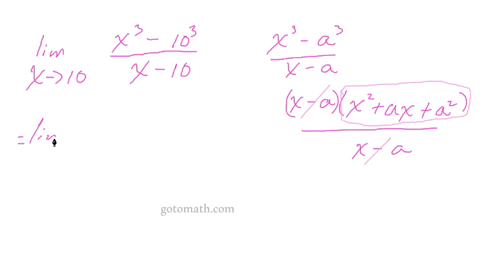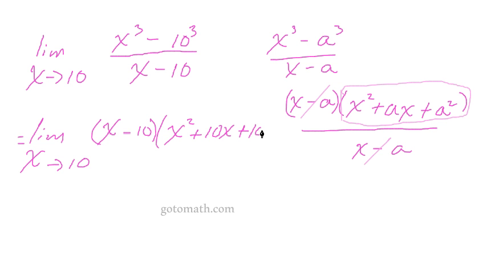So let's apply that formula to what we have over here. Now I'm going to rewrite this limit as x approaches 10, so this becomes x minus 10 times x squared plus, remember this is the opposite sign of what's written here, plus 10x plus 10 squared, which is going to be 100.